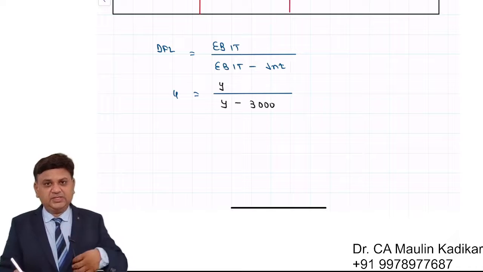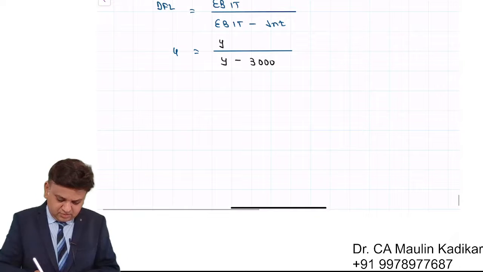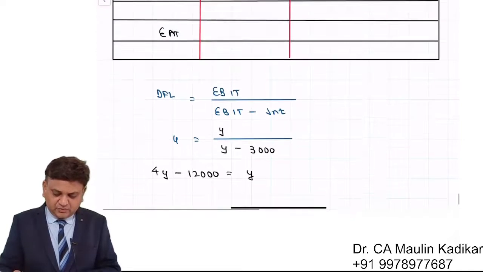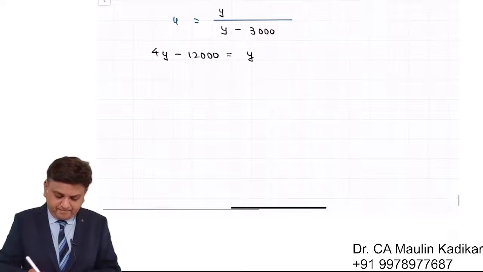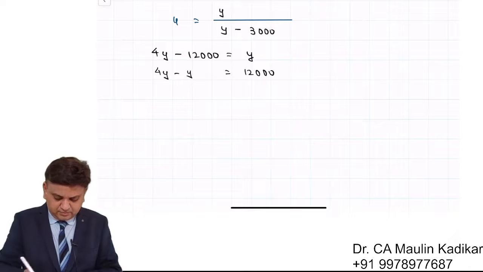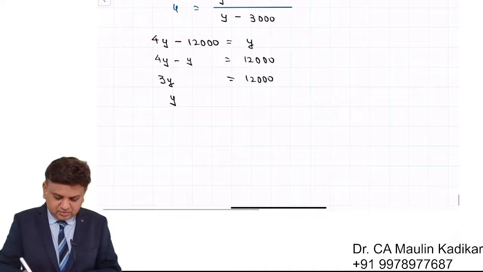Y minus 3000 is transferred to the opposite side. It is 4y minus 12,000 is equal to y. 4y minus y is equal to 12,000. So 3y is equal to 12,000.